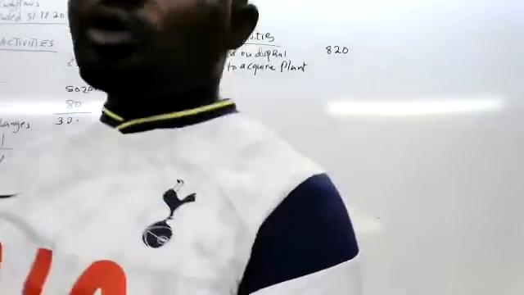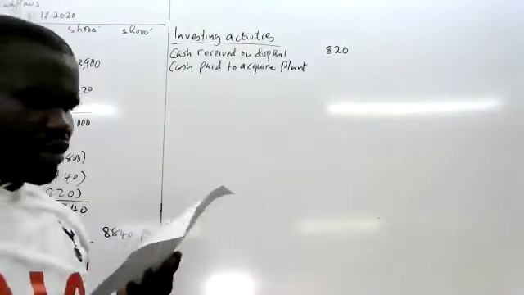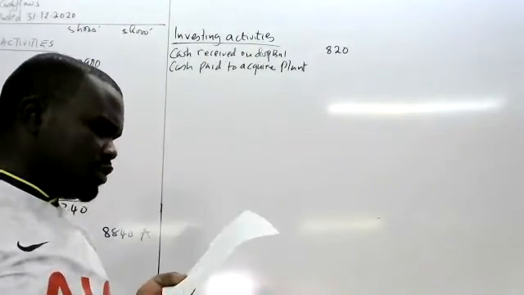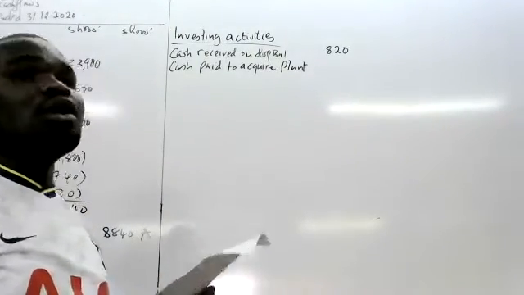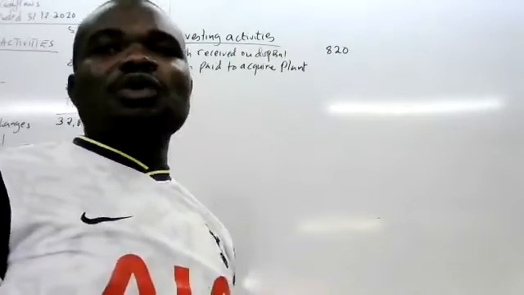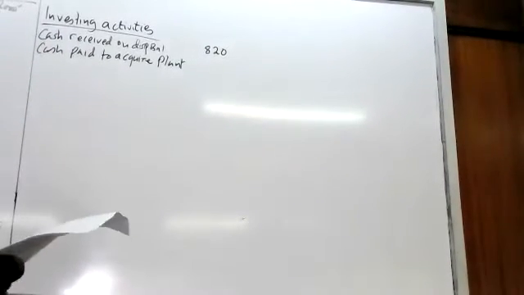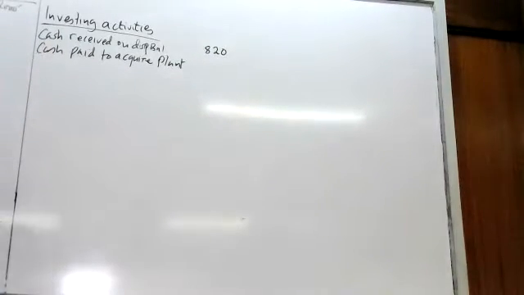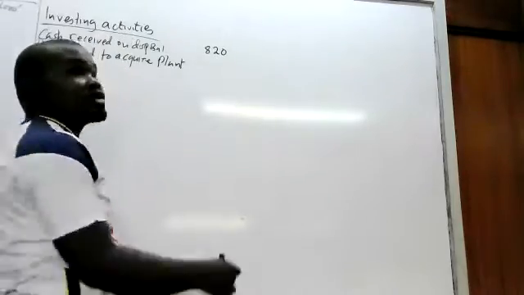We must do a reconciliation. During the year, no depreciation was mentioned. They never said. So let's do a reconciliation for plant, the freehold item that was revalued or something. So let's have a plant account.